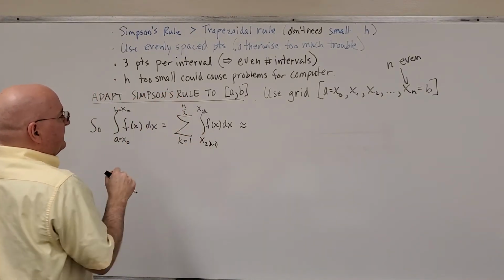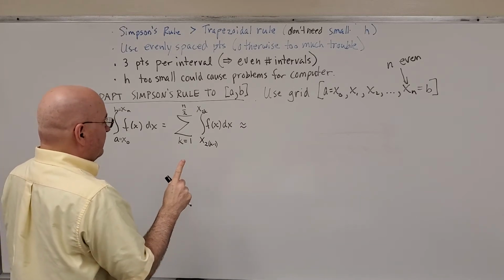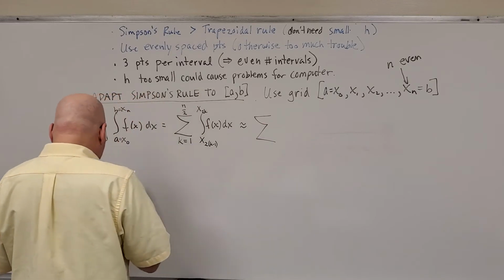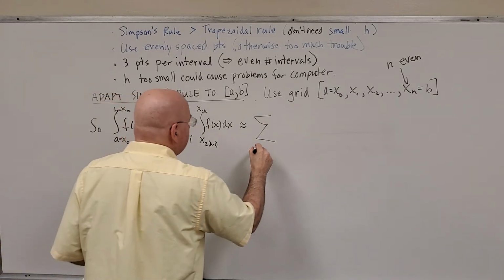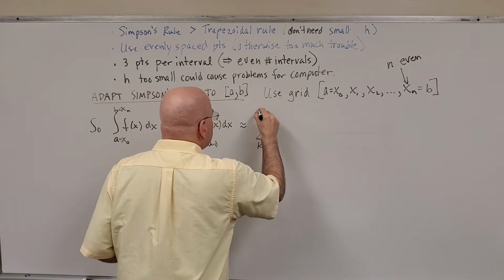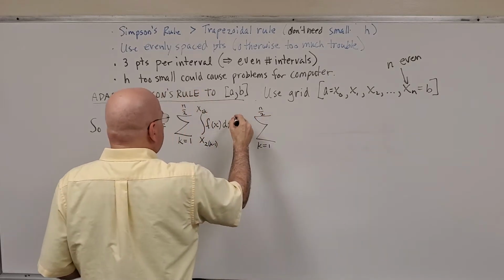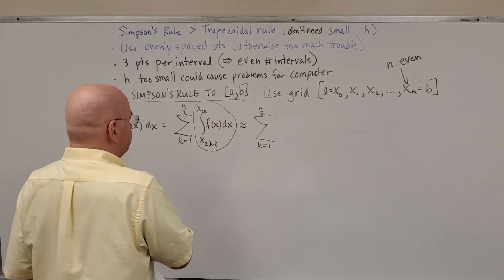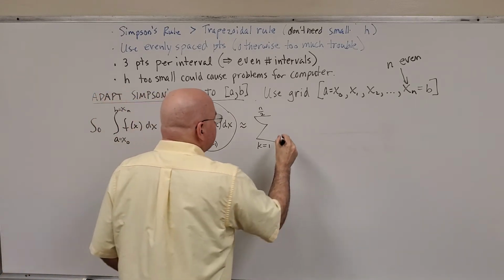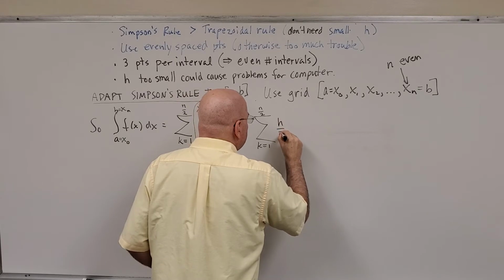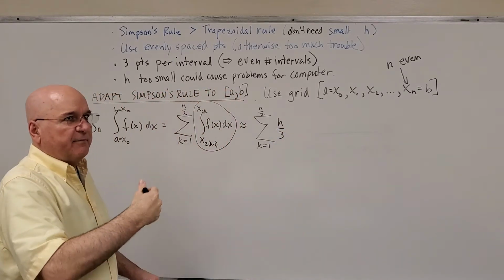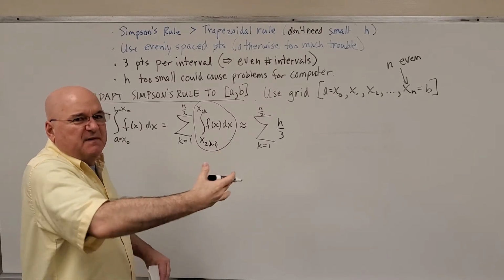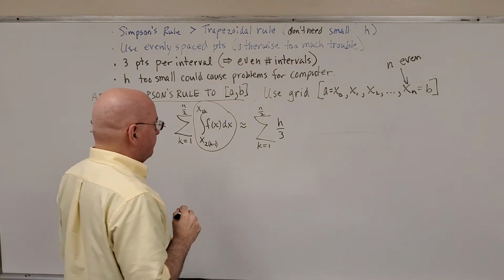Okay, so here's where we're getting to the approximation of Simpson's rule. I'm going to go ahead and keep the summation, k going 1 to n over 2. And now we're going to do the Simpson's rule approximation for this. So the way I'm going to write it is h over 3, because remember the three numbers were 1/3, 4/3, 1/3. I'm factoring out the 1/3.